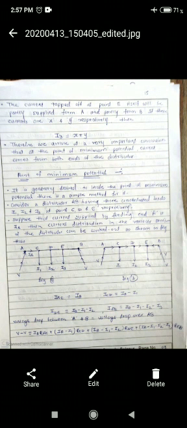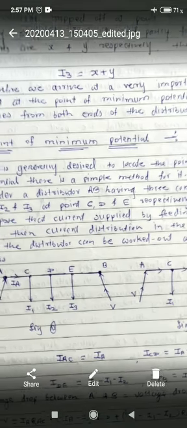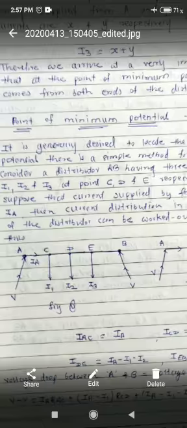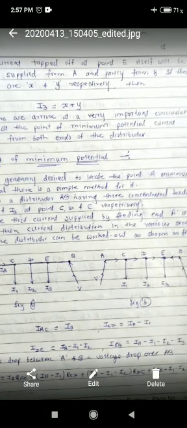So find out the point of minimum potential. For that, we just have to observe the diagram. It is generally desired to locate the point of minimum potential, and there is a simple method for it.